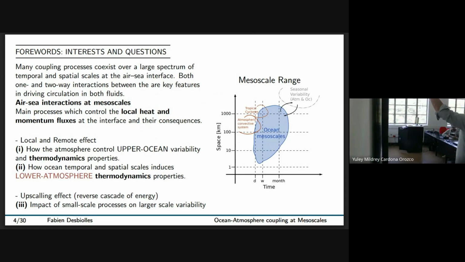And we're going to see how the atmosphere controls the upper ocean variability, and how, on the contrary, the ocean temporal variability can control the boundary layer of the atmosphere. And we're going to see also some upscaling effects, which means that these processes act at mesoscales, but have influence on larger scale dynamics.